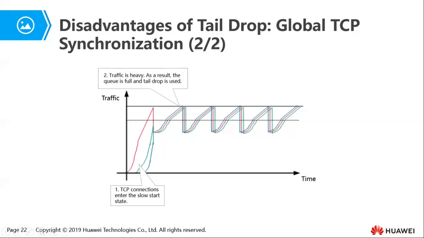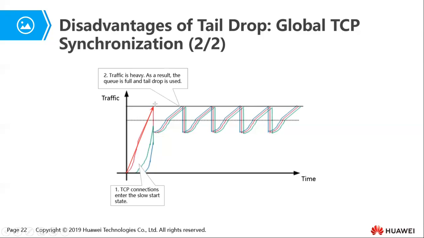So what happens? Now traffic is heavy. As a result, the queue is full and tail drop is used. Let's for example follow this one first. This one goes up until the queue is full.